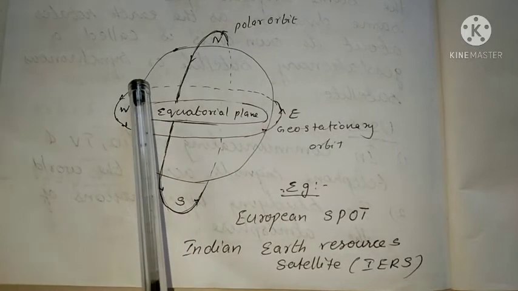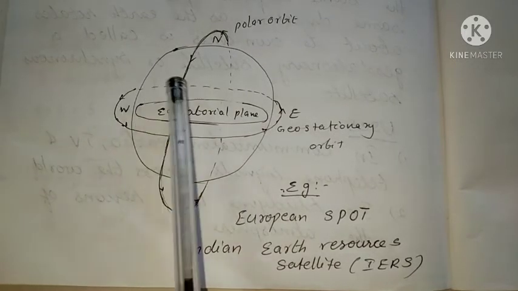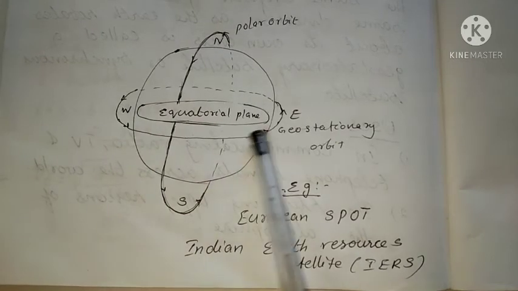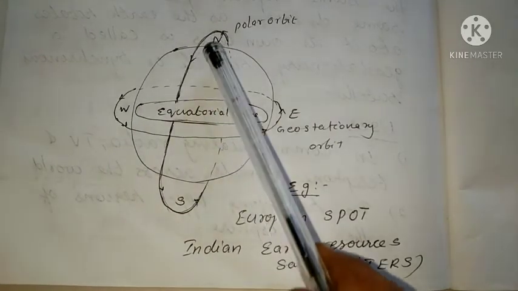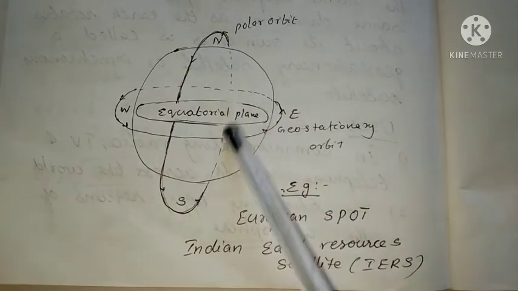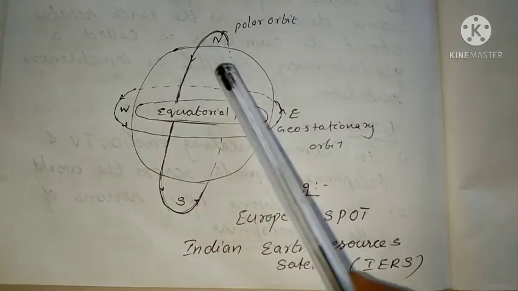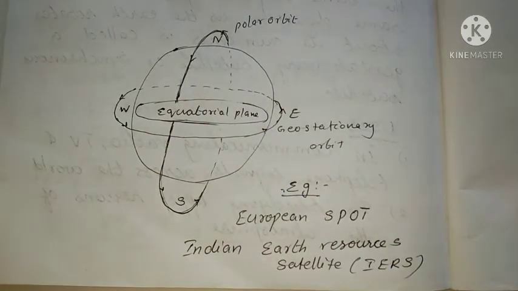So in the geostationary orbit, the satellite moves from west to east. In the polar orbit, it moves from north to south and it is perpendicular to the equatorial plane. And it has a small radius, nearly 500 to 800 kilometers.